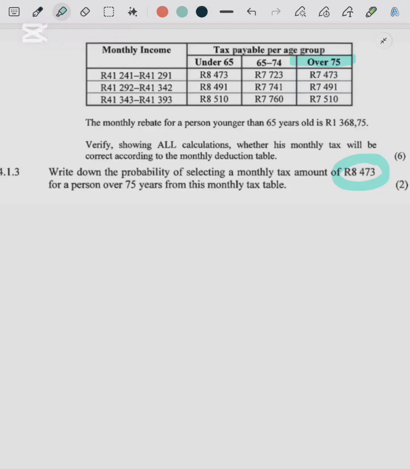And if you look, none of them do. That one doesn't, and neither does the third one. So the probability of that would be 0%. And whenever it's 0%, they normally also accept if you say impossible. It's not going to happen.